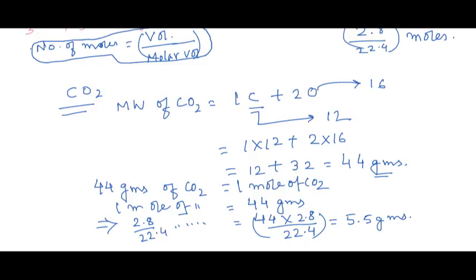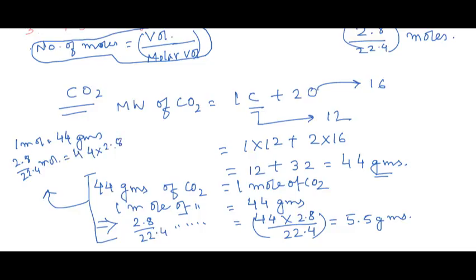Again, in this section, once I get how many number of moles are there, as I know 1 mole is equal to 44 grams, so automatically my 2.8 by 22.4 moles is 44 into 2.8 by 22.4.